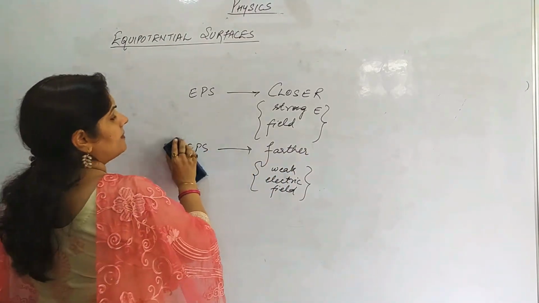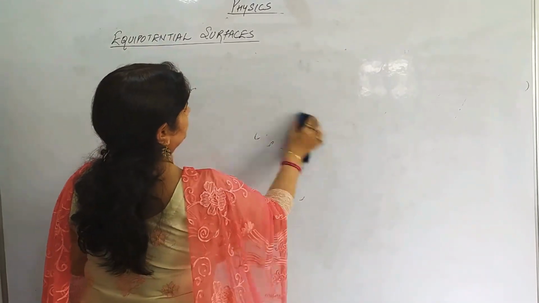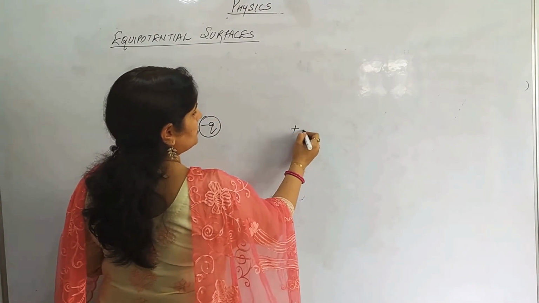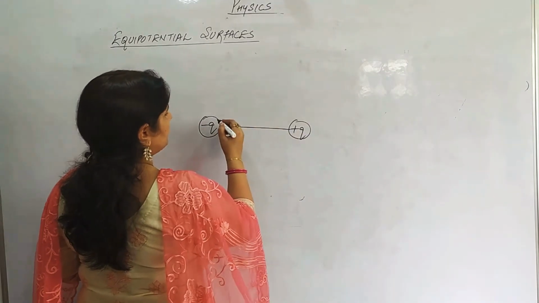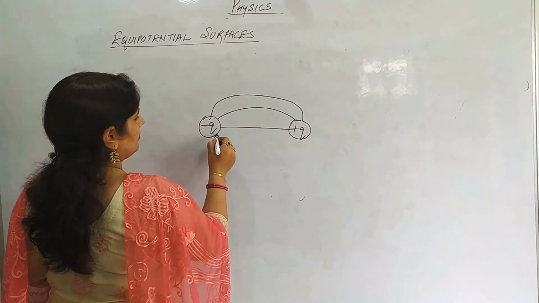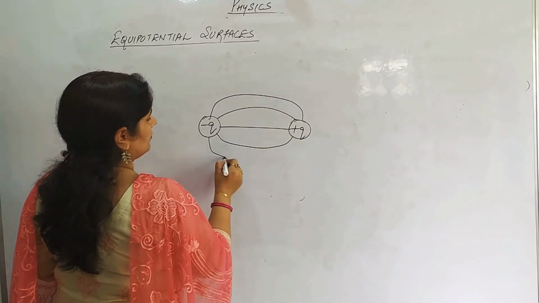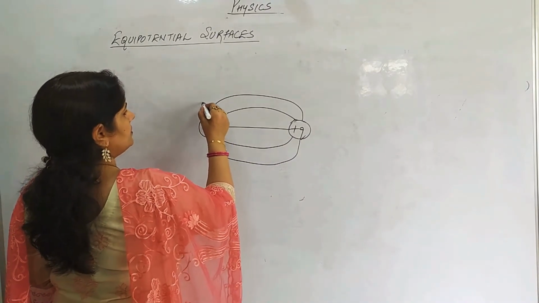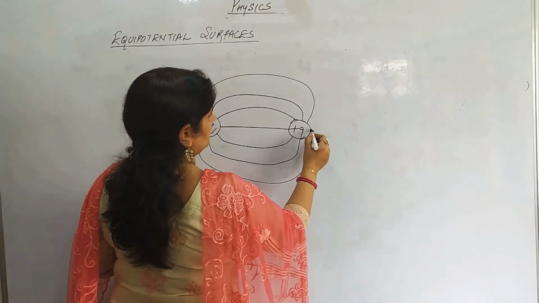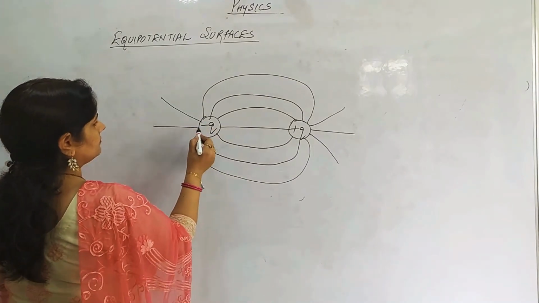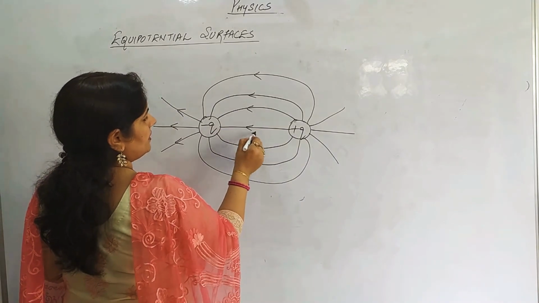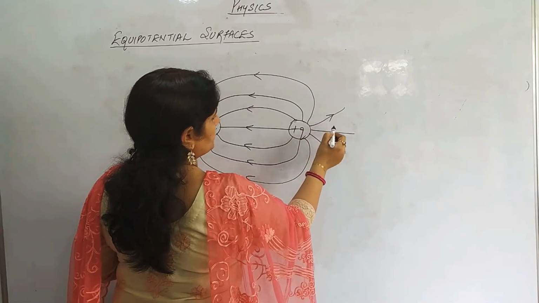This we can easily understand by a dipole. So we have taken a dipole, minus q plus q. I will directly draw the equipotential surfaces here. And we'll discuss it in the next lecture. Negative inwards, and positive outwards, right?